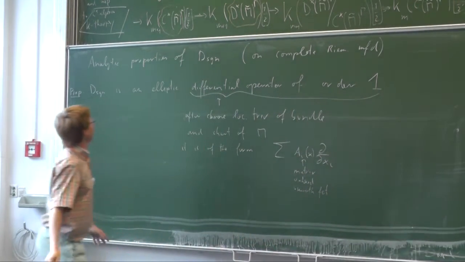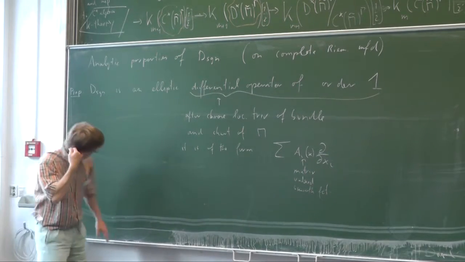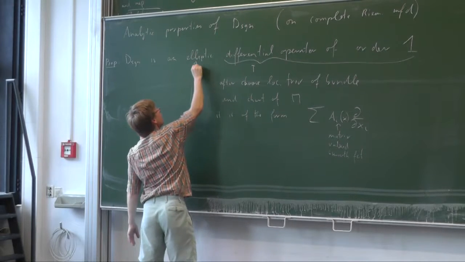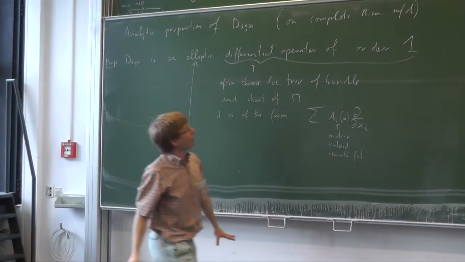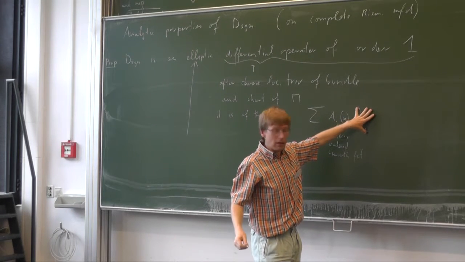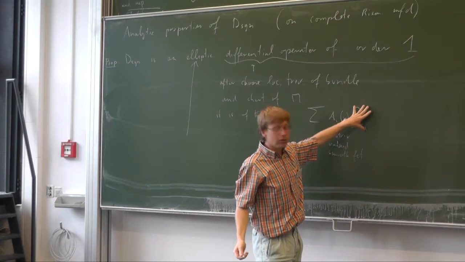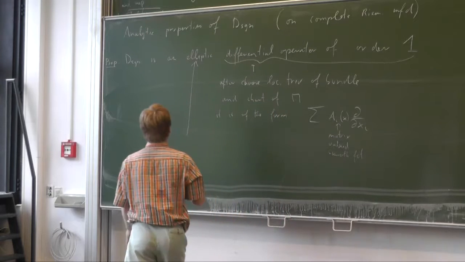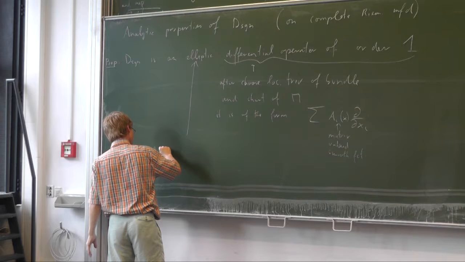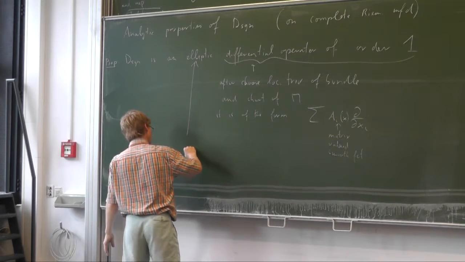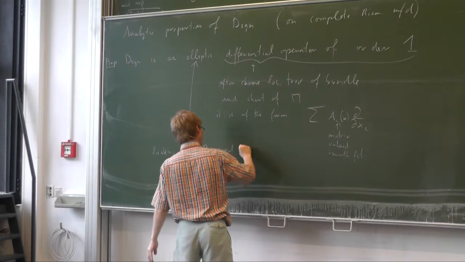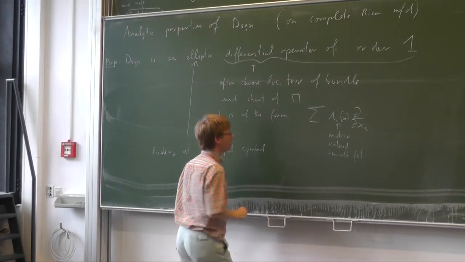And now comes a slightly more sophisticated concept. What does it mean to be elliptic? Elliptic means that if we replace the differentiation by just a vector, xi_i, looking at, and I guess here I made a mistake.